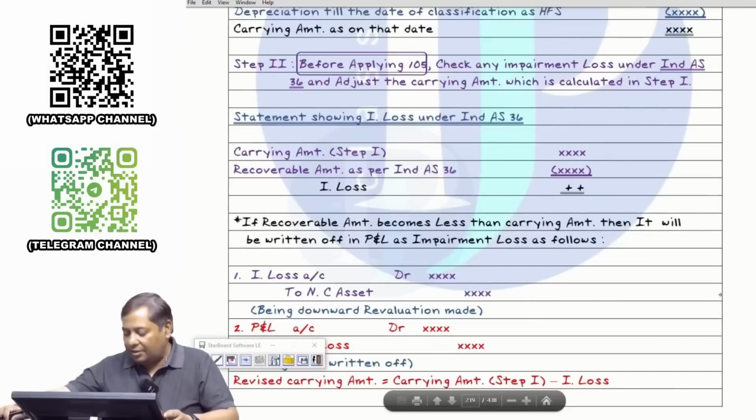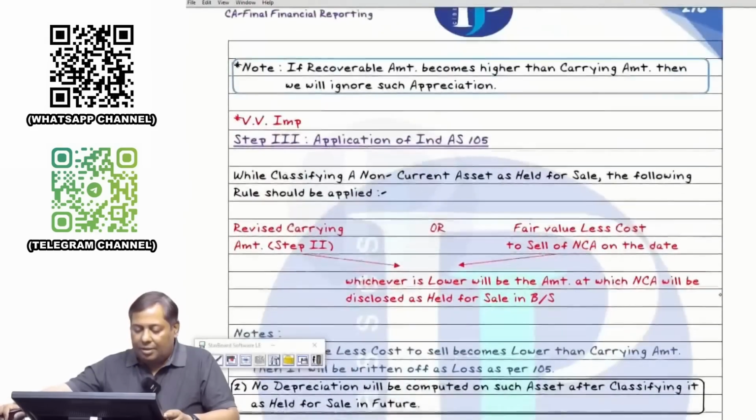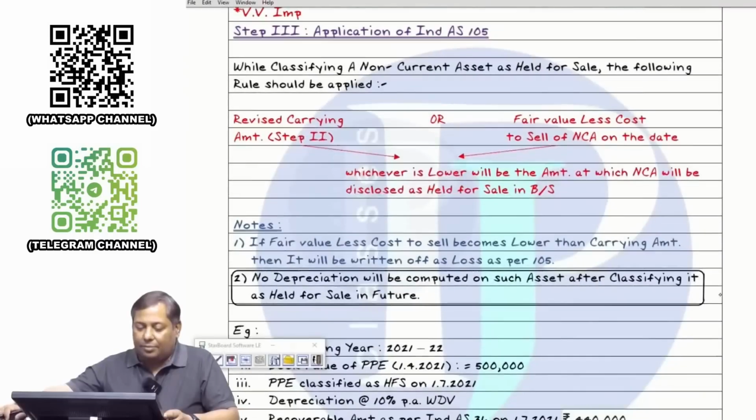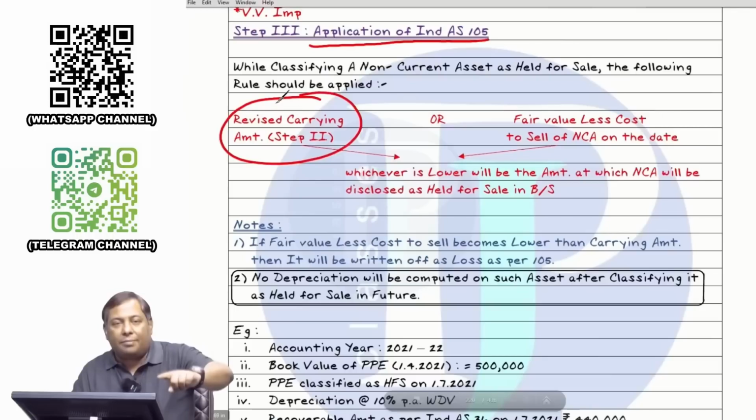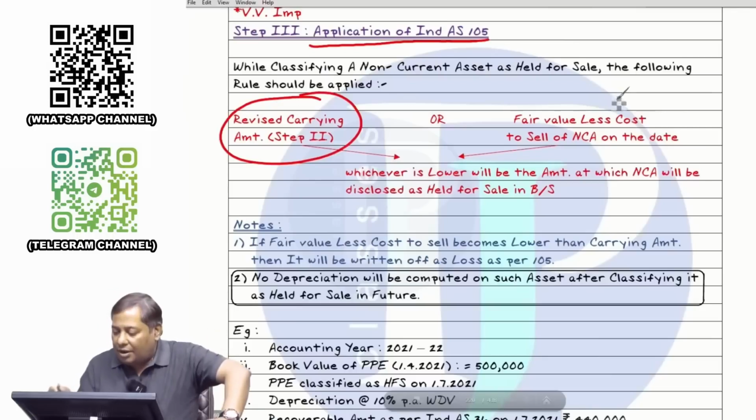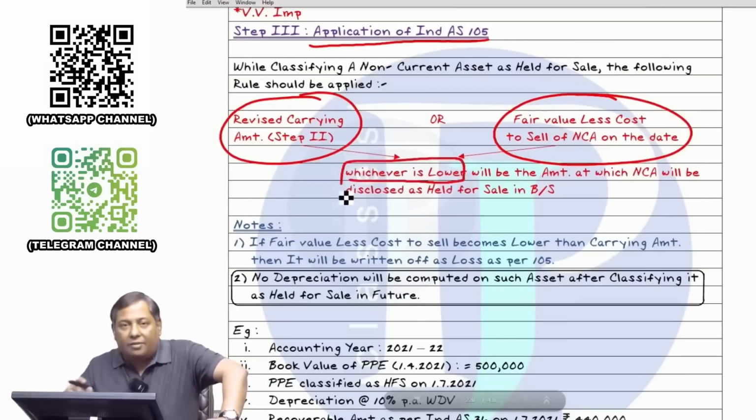Then we came to the third step, which I made you write in the class. Application of 105: the revised carrying amount which has arrived in the second step after impairment loss and net selling price, whichever is lower. And if there is any decline, then that decline will be written off in profit and loss. I've written the entire story and solved the practical questions for you.